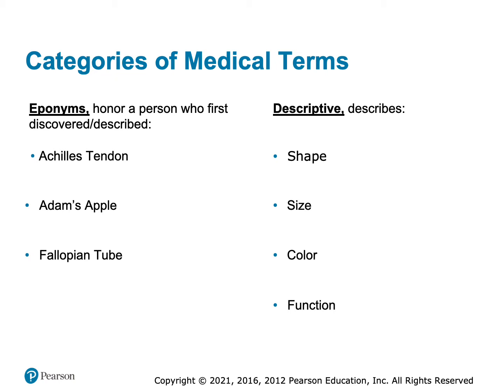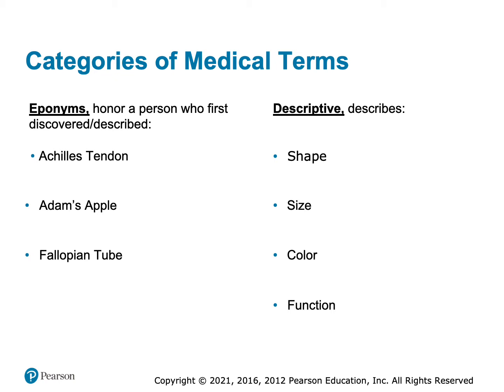If you've heard of the Greek mythological character Achilles, he fought in the Trojan War and was considered undefeatable, except for when he was shot by Paris in his heel, and that tendon where he was shot is now known as the Achilles tendon. That was how he was defeated in the end. But just an example of an eponym.